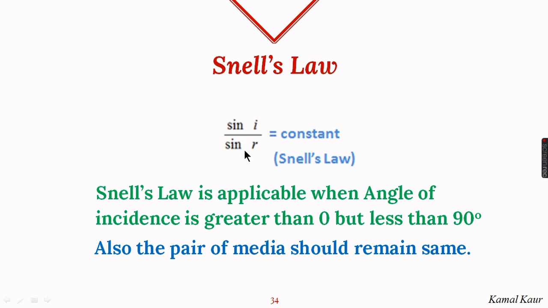But now if we change the pair, instead of water now we take air and glass. Still the ratio remains constant, but this constant value will be different from the constant value of air and water. So we can say that this value will be constant for a given pair of media.